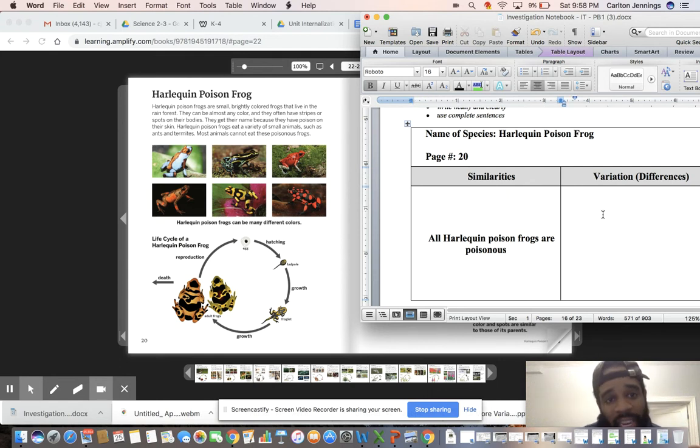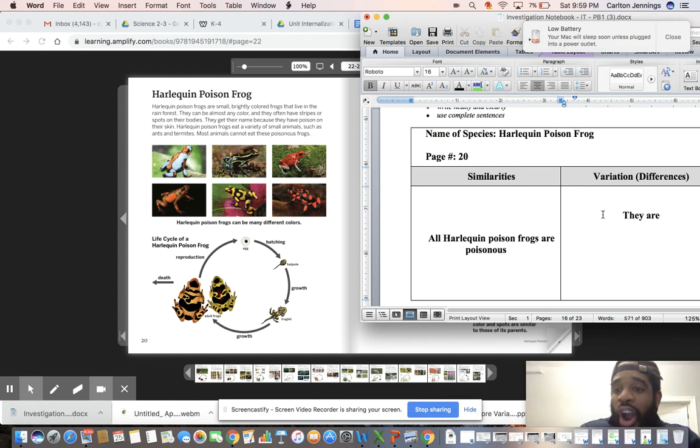What was one variation that the book said the harlequin poison frogs had? Harlequin poison frogs can be different colors.